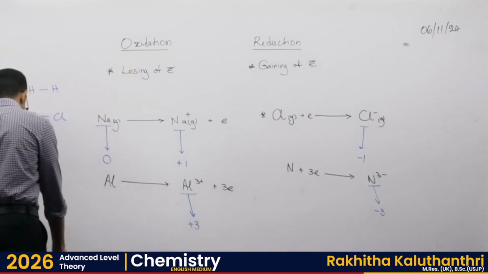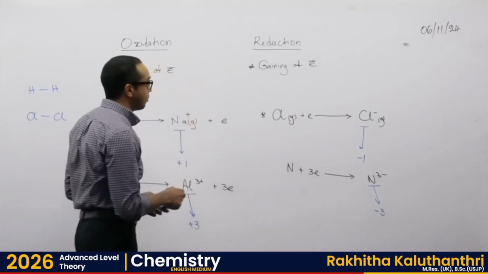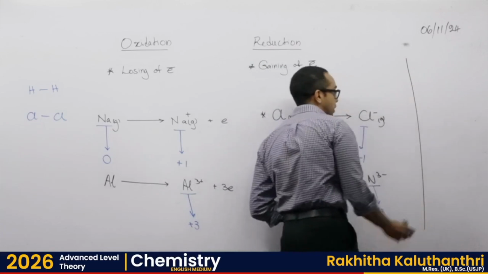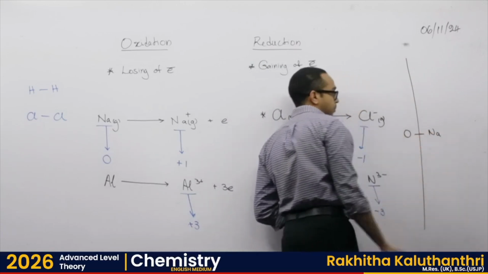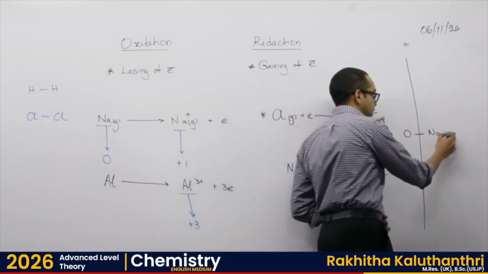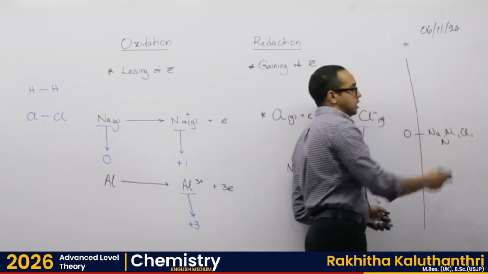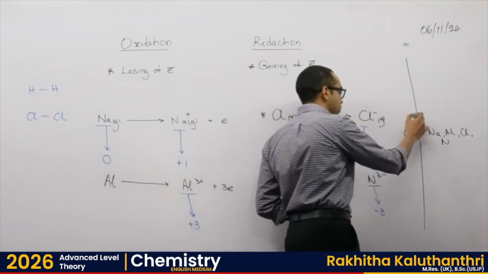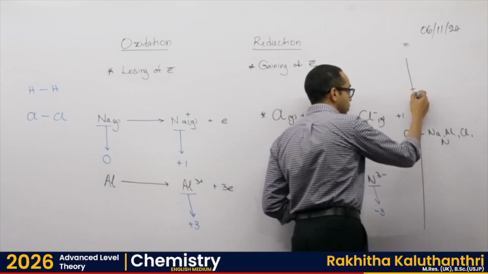Apart from that, students, if something is increasing in oxidation number, I draw it over here. Sodium was here at 0 oxidation number, aluminium was also here, chlorine was here, nitrogen was here, everyone was at 0 oxidation state. Now sodium went to +1 oxidation state, and aluminium went to +3 oxidation state.